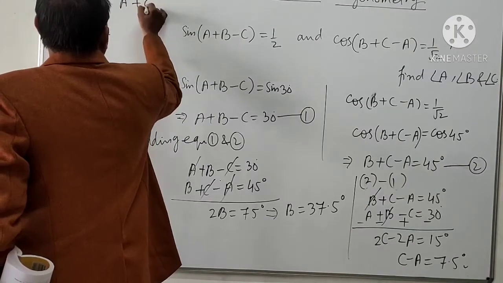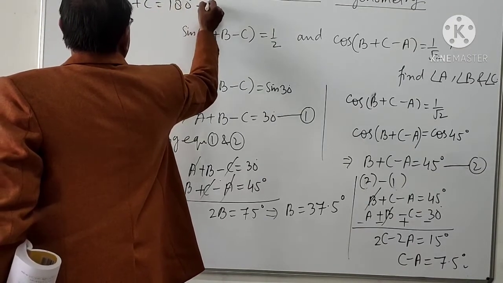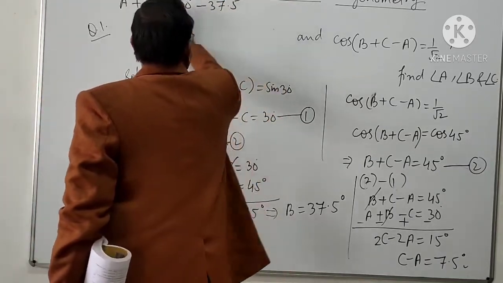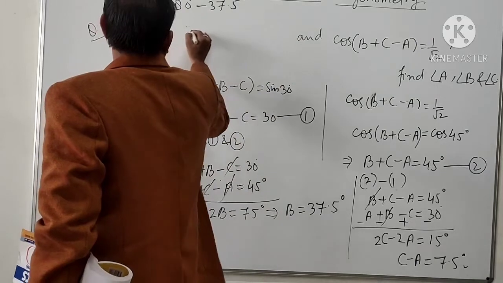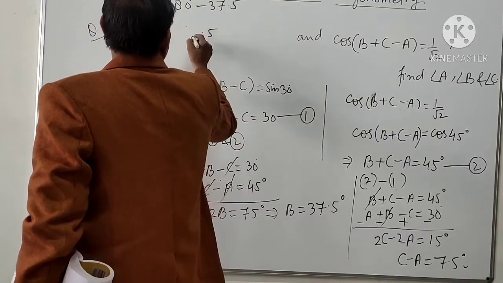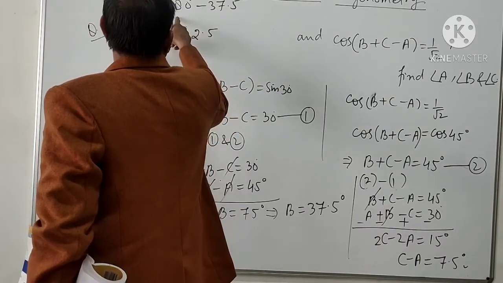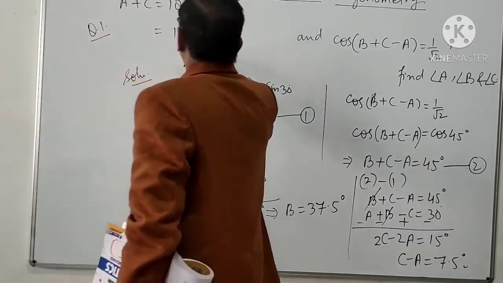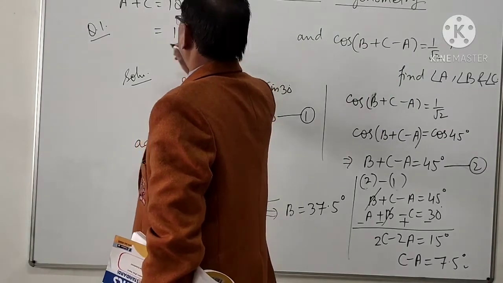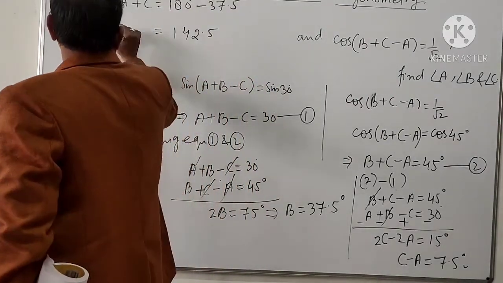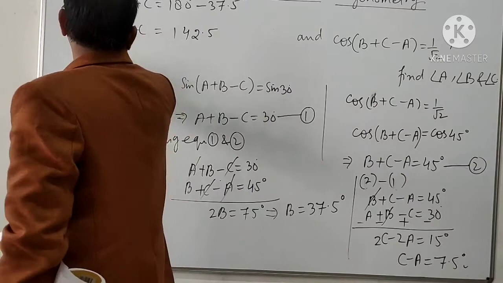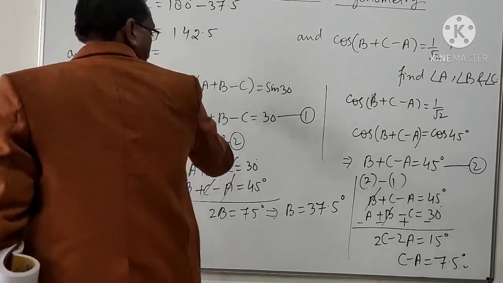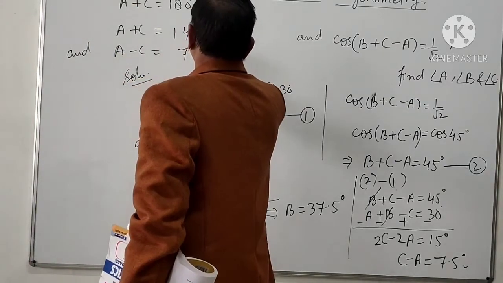So A + C is 180 minus 37.5 degree, which is 142.5 degree. It is A + C. And A − C is 7.5 degree.